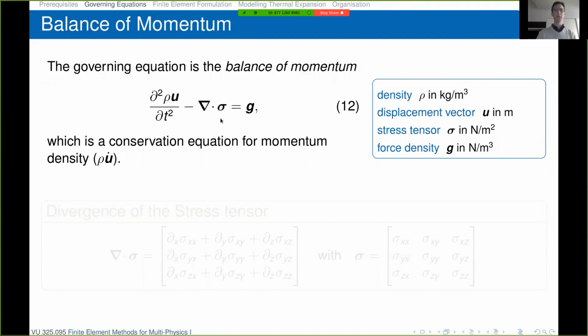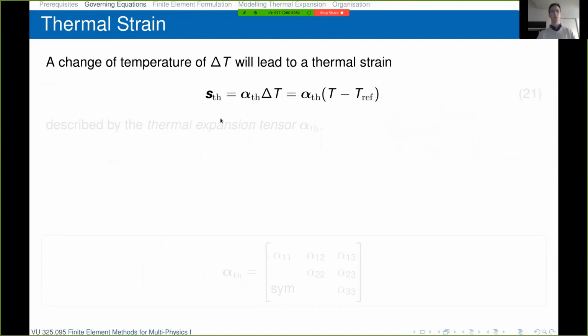So let's look at the phenomenon of thermal strain. We know that a change of the temperature T, so we denote the temperature change by delta T, will lead to a thermal strain.